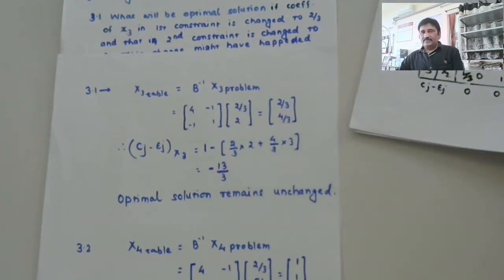If you have that matrix 4 minus 1 minus 1 1, this is B inverse, and it is B inverse because it is inverse of the basic variable matrix. It is inverse of the basic matrix.